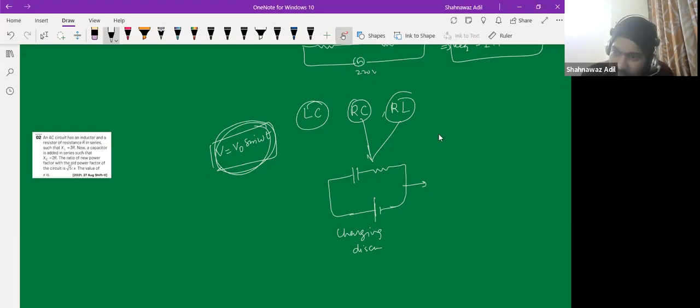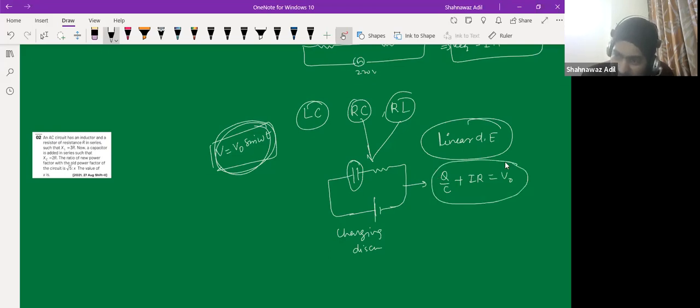So you guys already know this linear integration, or linear differential equation, right? Yes, sir. So this equation we will solve. This is Q by C, this is IR, and this is equal to V. Right. So how can we solve this? This I is dq by dt.